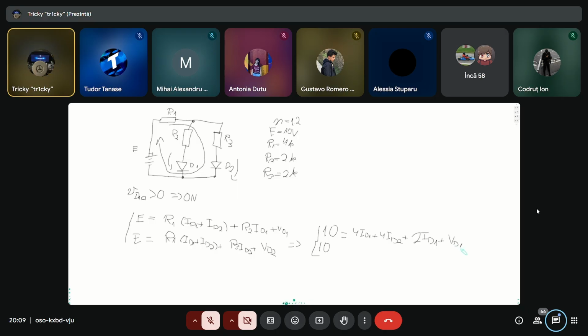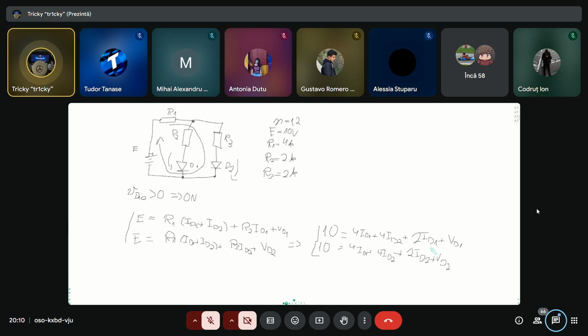Okay, and now for the second one, we will write 4 ID1 plus 4 ID2 plus R3, which is also 2 kilo, ID2, plus VD2. Sorry for the bad handwriting. All I got is a mouse.